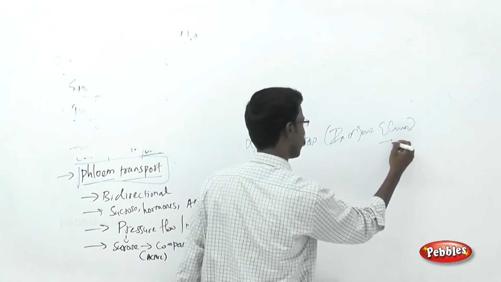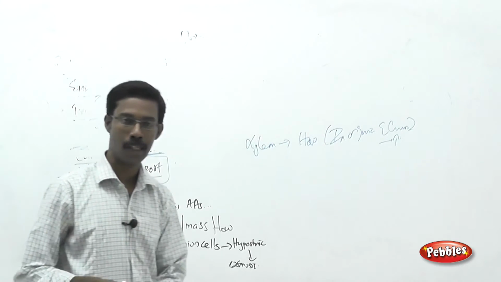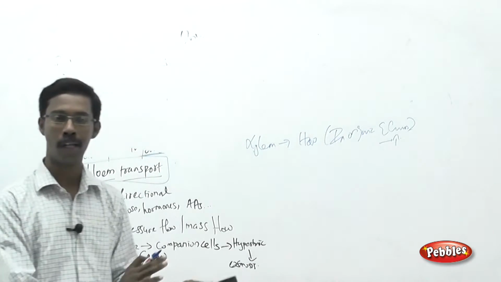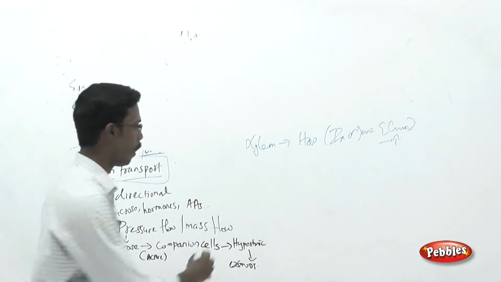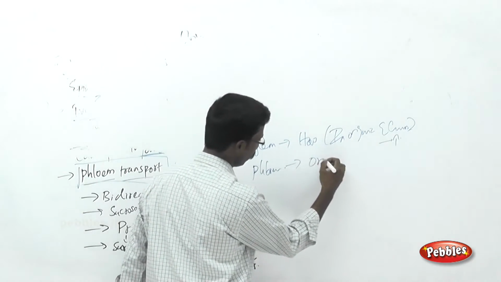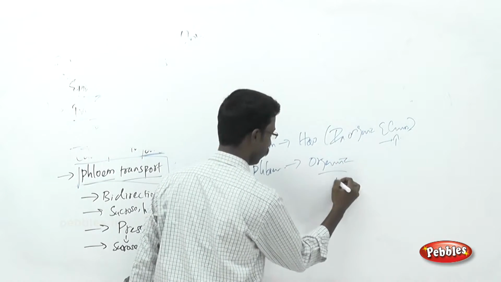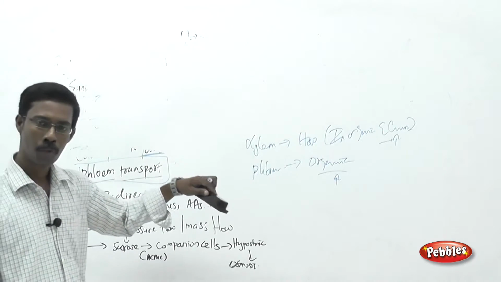You cannot say only inorganic elements will be transported by xylem, but normally inorganic substances will be transported by xylem and organic substances will be transported by phloem. So that is what we are going to see now, the transport through the phloem.